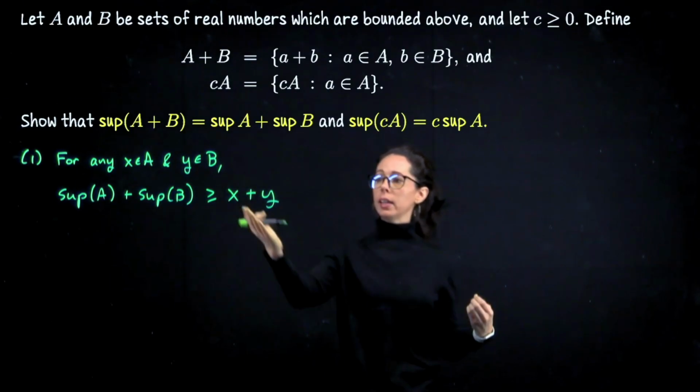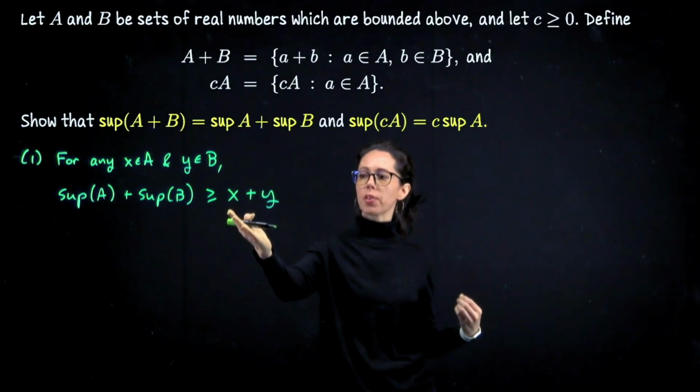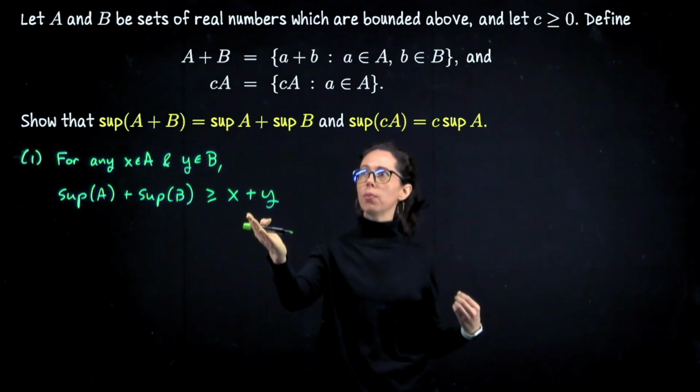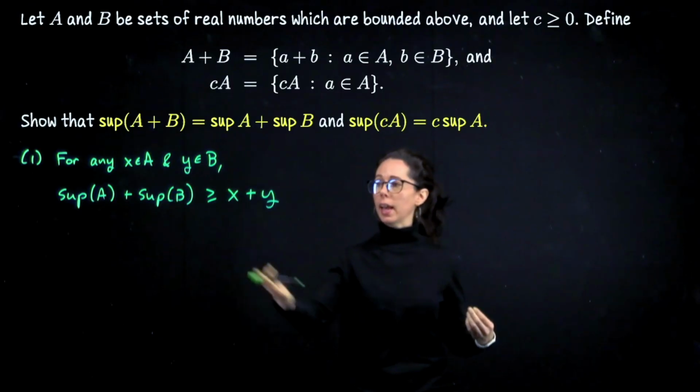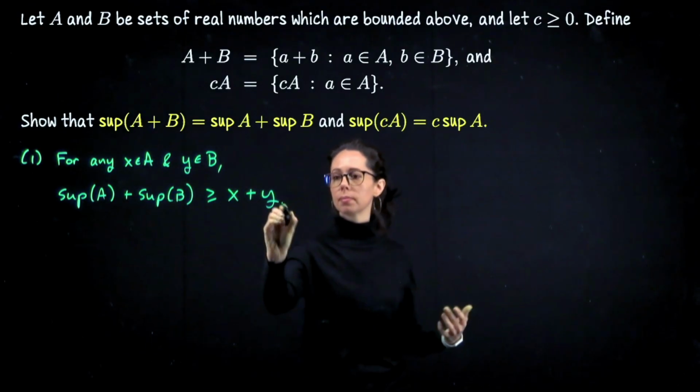This is true for any sum where the first term comes from A and the second term from B. Therefore, this A plus B construction produces a set which is bounded above. And here is one of the upper bounds.